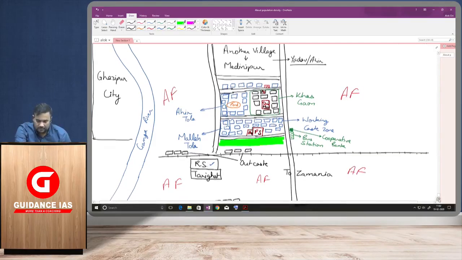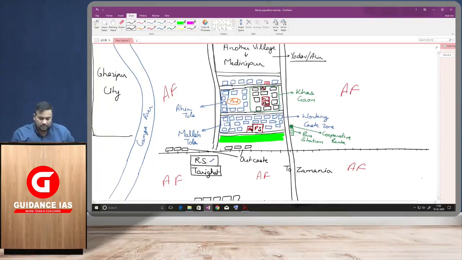So this is how the plan of the village is. In this you can also write: this is to the railway station, the railway line is to Dildar Nagar.